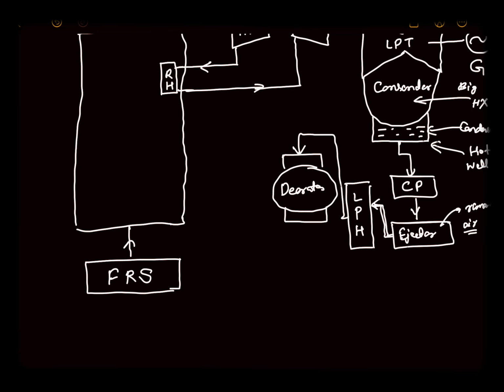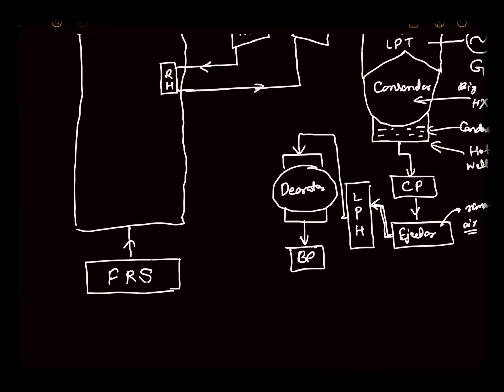Though no molecules of the air should be there, it is not possible, but it tries to remove all the quantity of air. Then from the deaerator, it goes to the booster pump. Booster pump actually sucks the condensate at very low pressure with very high power.